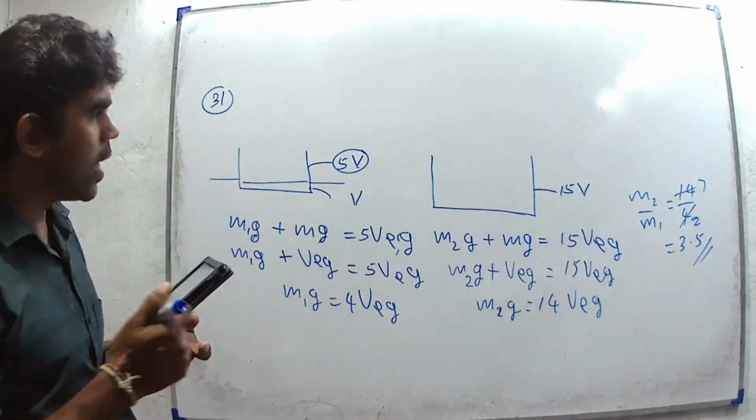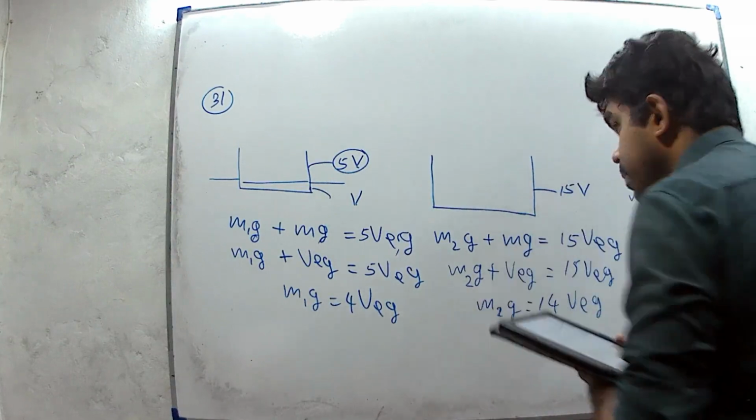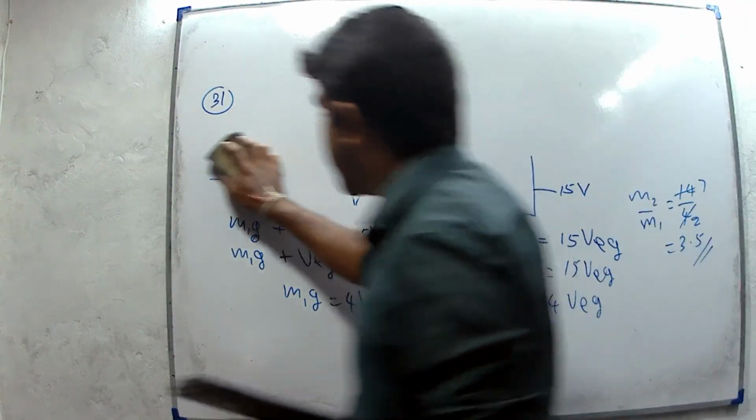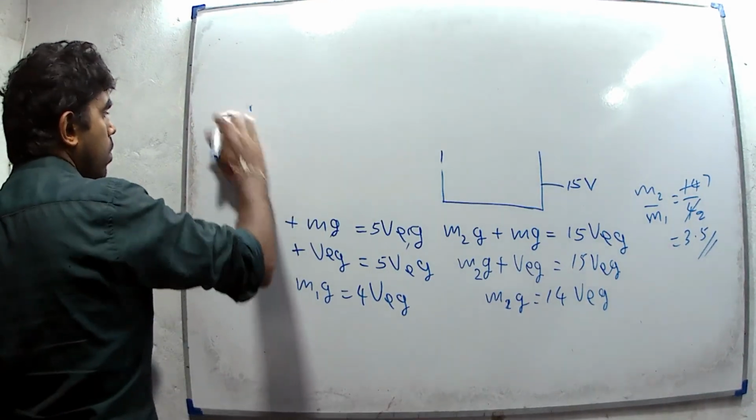h2 is the outer height. It is decreasing with time uniformly, like this.